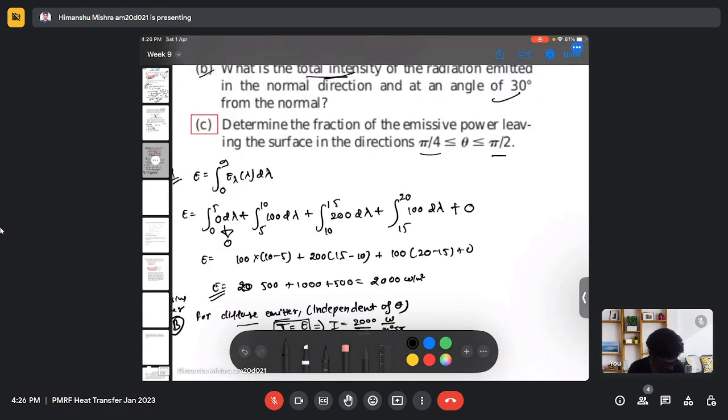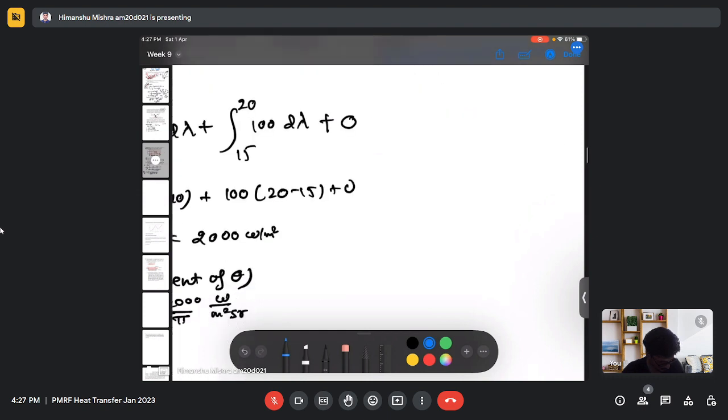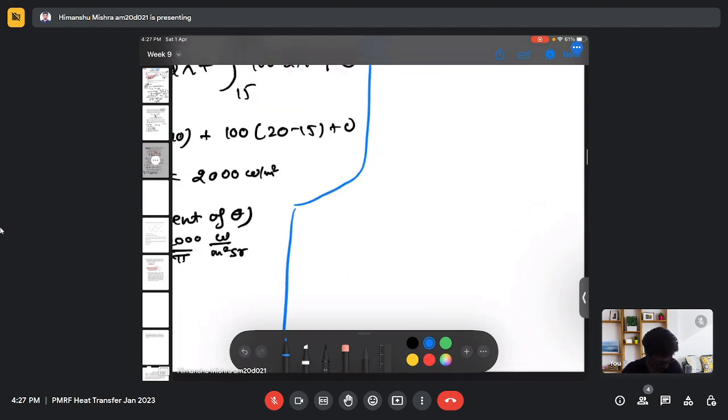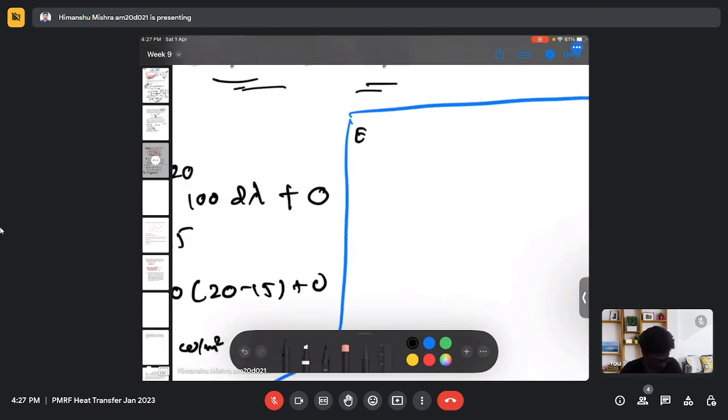Then we need to find the fraction of emissive power leaving the surface in the direction from pi by 4 to pi by 2. My fraction of emissive power from angle pi by 4 to pi by 2 is this. This is my total power, and this is the power in the specific range of theta from pi by 4 to pi by 2.